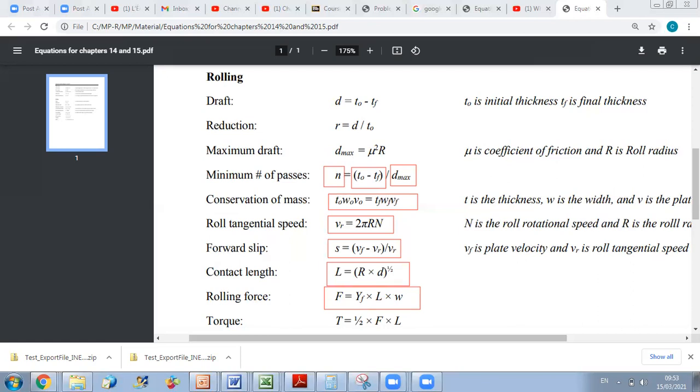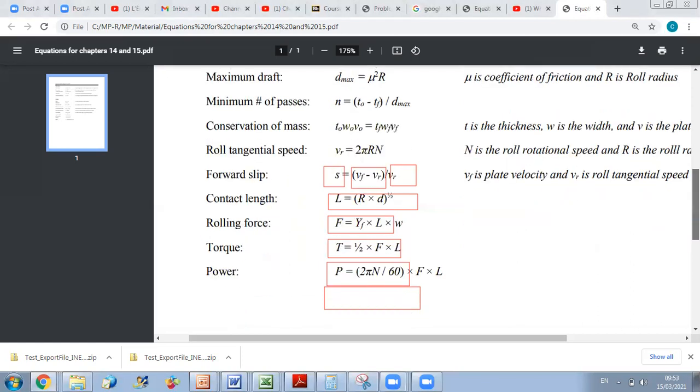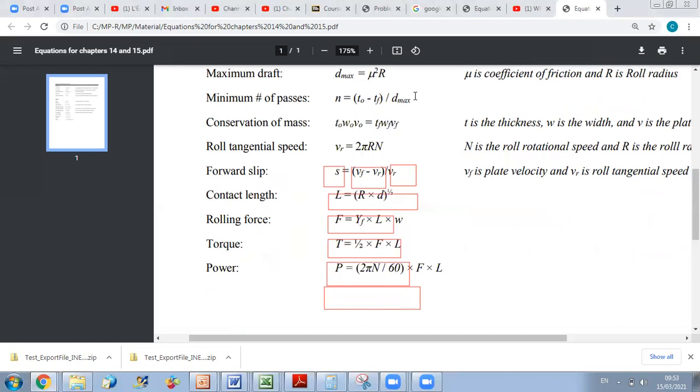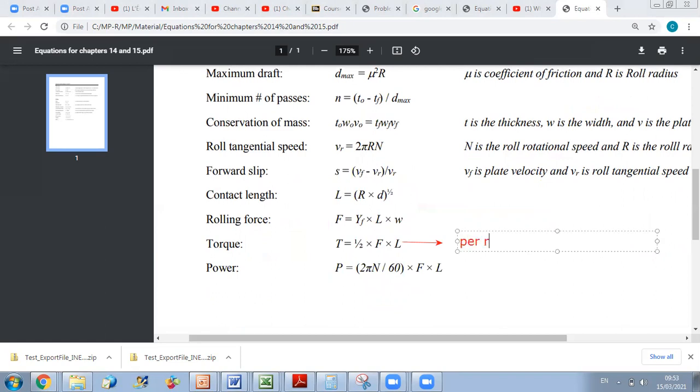So the total torque for the two is 2 times half FL, which is F times L. Please pay attention here: this is per roll, while here the power is computed for 2 rolls. When you multiply by 2, you get the total torque for the 2, and to get the total power, you multiply by the angular velocity.